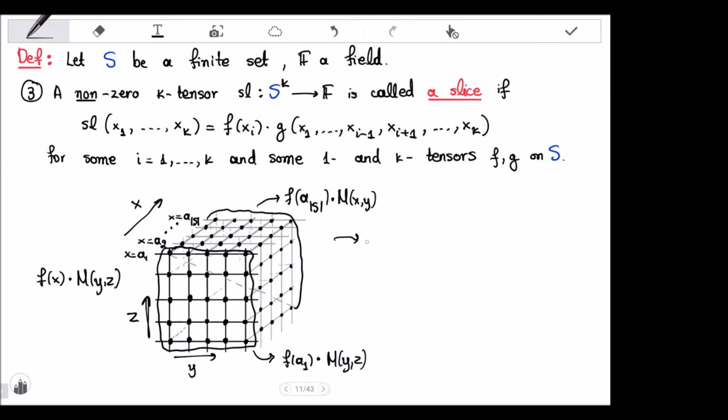So there exists a direction such that all, let's say, k minus 1-dimensional rows in that direction are multiples of the same k minus 1 tensor.